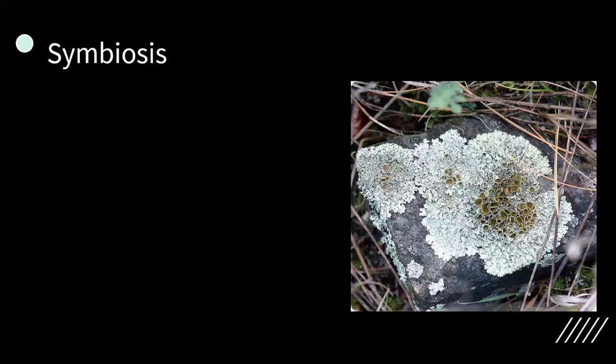Okay, there is also another mode of nutrition, that is symbiosis. What is meant by symbiosis? In case of symbiosis, the two organisms, let's say A and B, are mutually benefited from each other. For example, in case of lichens, there is a chlorophyll containing partner, which is the algae, and a fungus which live together.